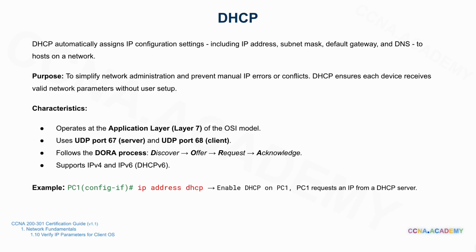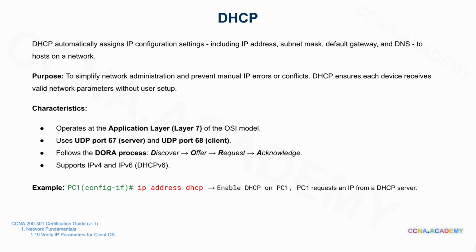Now let's talk about DHCP, the Dynamic Host Configuration Protocol. DHCP automatically assigns IP addresses and other network parameters to hosts, saving you from configuring every device manually. It works at the application layer and uses UDP ports 67 and 68.